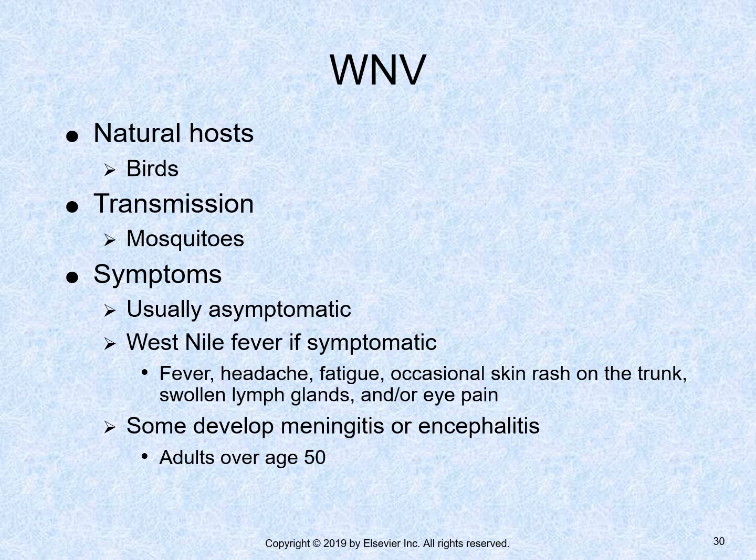Patients may be asymptomatic, but if they are symptomatic, West Nile fever occurs, in which symptoms include headache, fatigue, occasional skin rash, swollen lymph glands, eye pain, and of course fever. Some patients develop meningitis or encephalitis, usually occurring in adults over 50 years old.